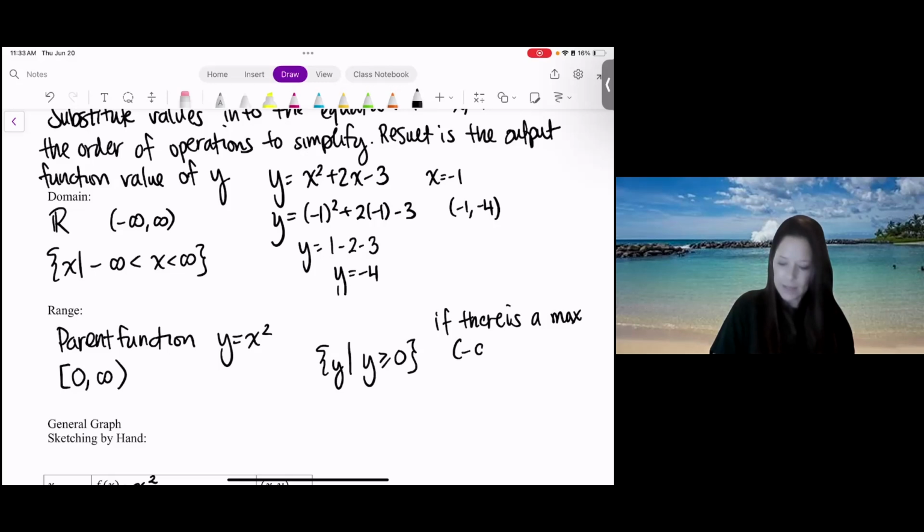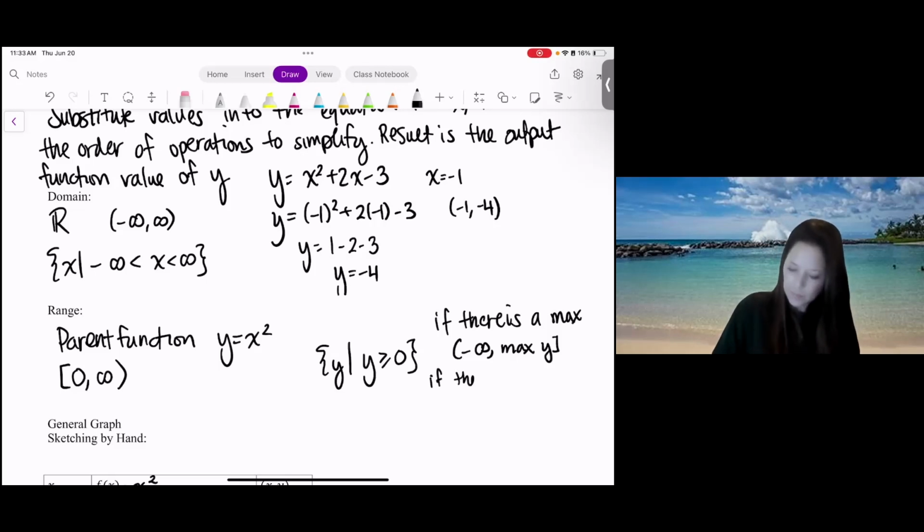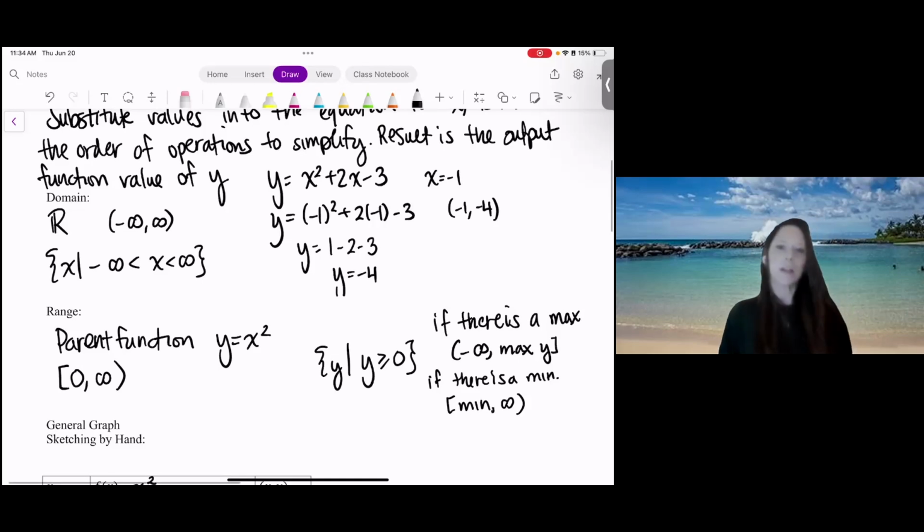And we would write that as -infinity up to that max value. If there is a minimum, that's your starting point. And that goes all the way up to positive infinity. Your range will adjust depending on how you transform your function.